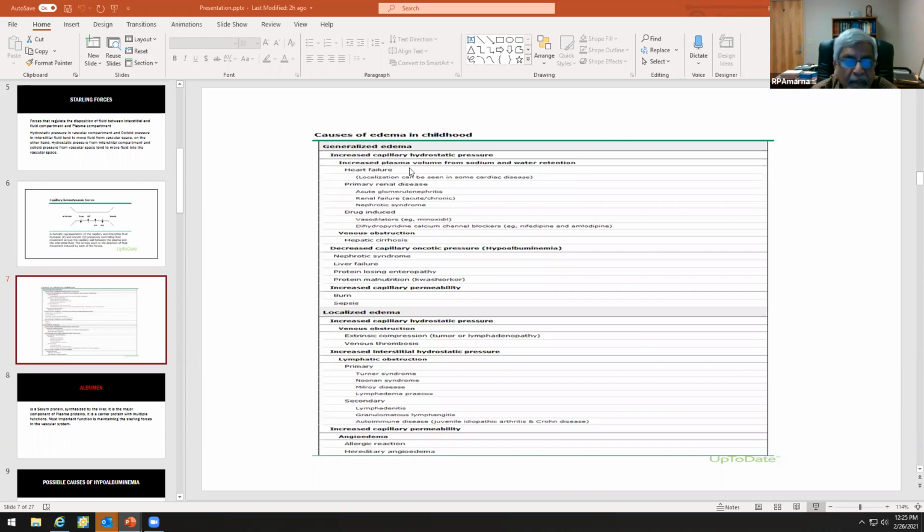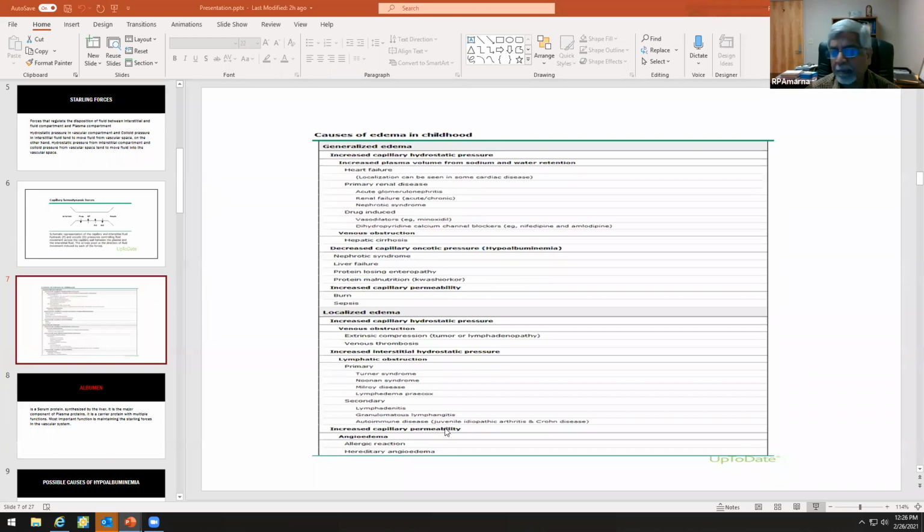The causes for localized edema are mostly local, either venous compression or thrombosis, etc. The generalized edema is usually due to systemic causes, either heart failure, primary renal insufficiency, drug-induced causes, or hepatic cirrhosis that will cause ascites and edema, etc. Or renal causes, nephrotic syndrome, liver failure, protein-losing enteropathy, and protein-losing malnutrition, etc. will also cause the same type of systemic changes. So it will cause generalized edema in that case.